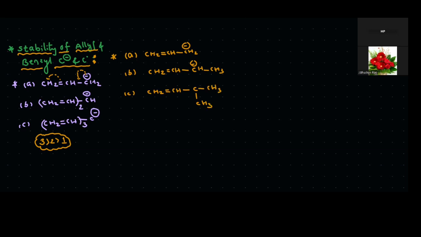In these cases, how do we identify the stability of the carbanions? The stability depends on whether these groups release electrons towards the carbanion. This group acts as a plus I group, here also a plus I group, so electron density increases. But in this case, it donates electrons to the adjacent carbon, and the electrons move towards this carbon atom, so resonance, the plus M effect, is present.